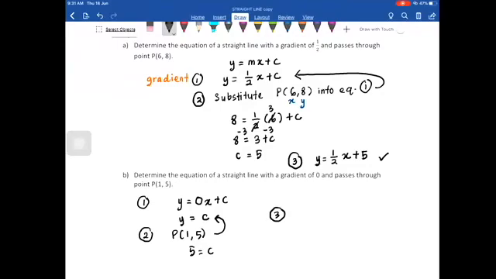Settle. Kenapa equation dia jadi macam tu? Dia tak ada bentuk y equals to mx plus c pun. Kenapa? Why?